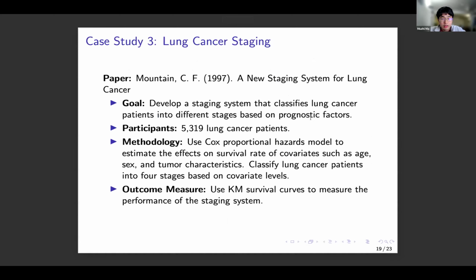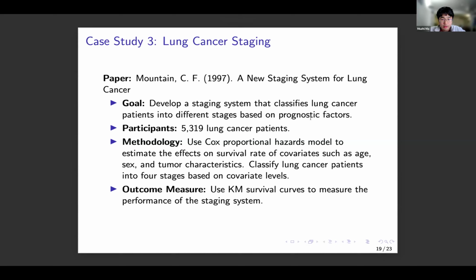Because the Cox model is very useful in clinical study, we're going to introduce a case study in lung cancer staging here. The goal of this study is to develop a staging system that classifies lung cancer patients into different stages based on some prognostic factors. We have more than 5,000 lung cancer patients as participants.